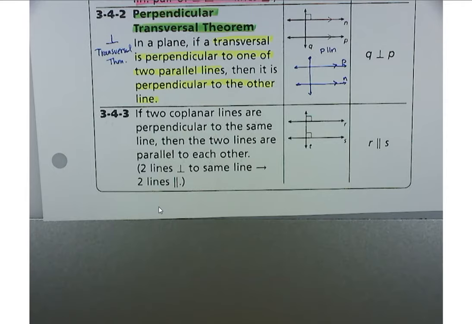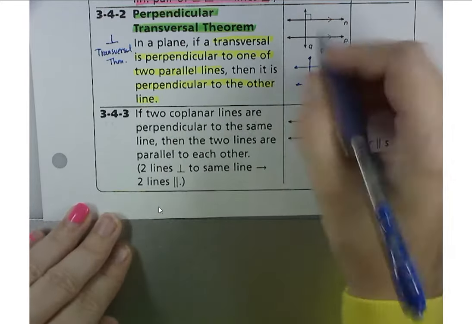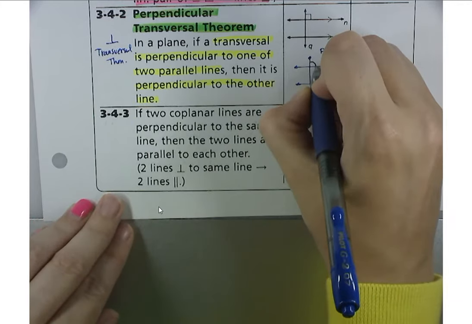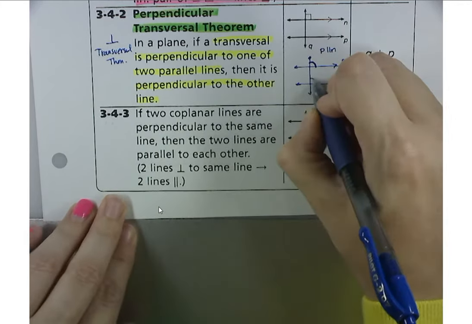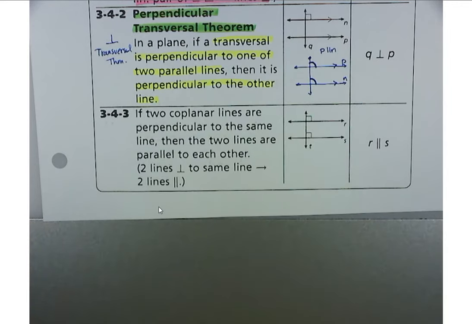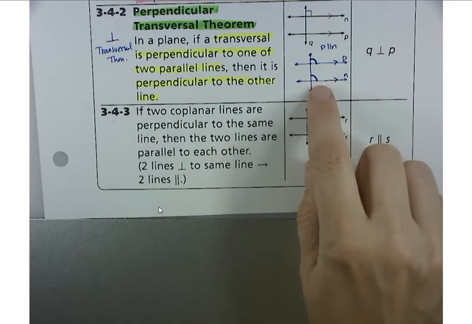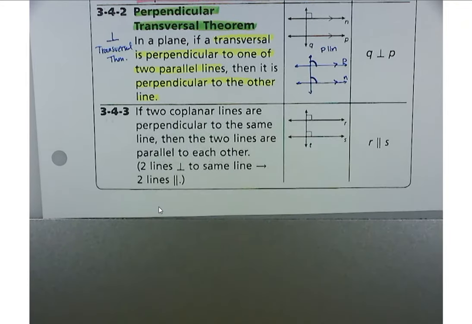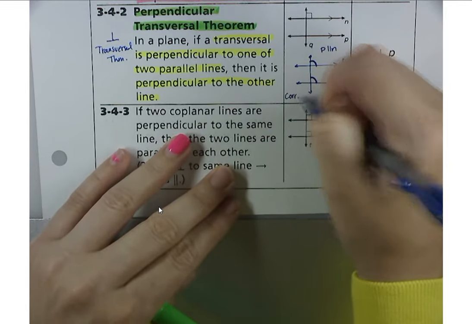Okay, so the one that was labeled was this angle here. This angle would be corresponding to this angle. So if you have a right angle here, this one has to be a right angle because corresponding angles are what?